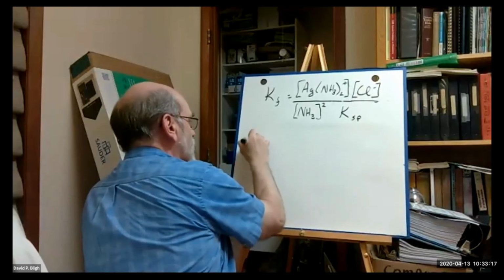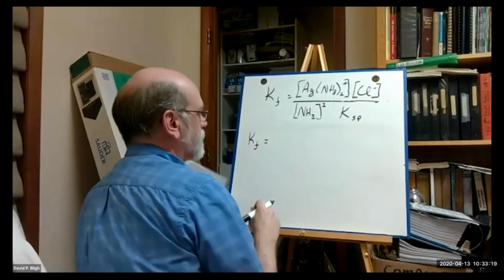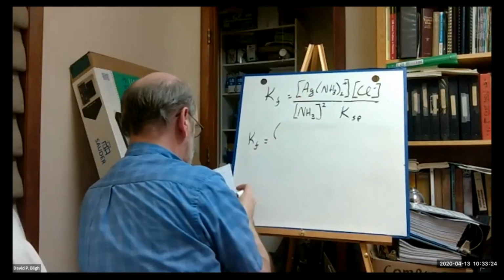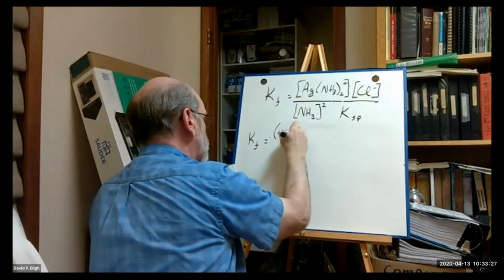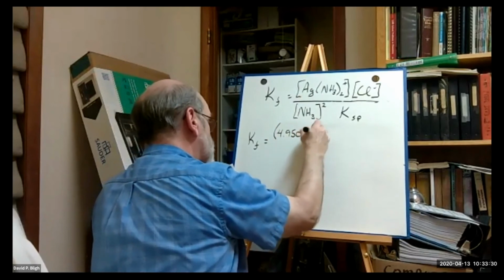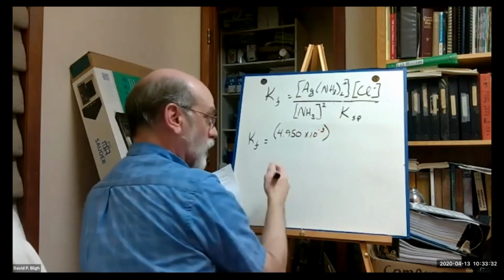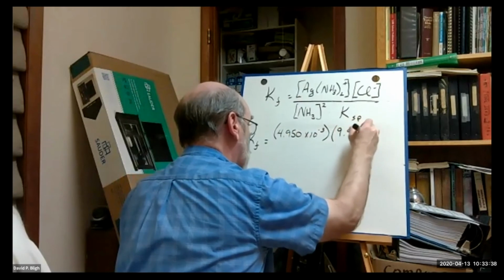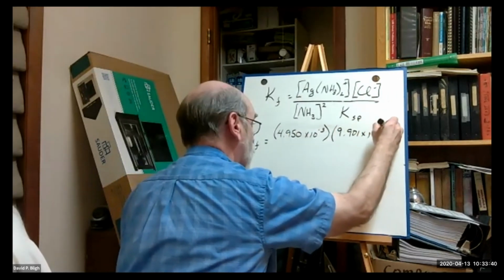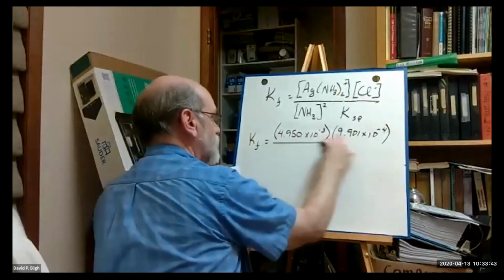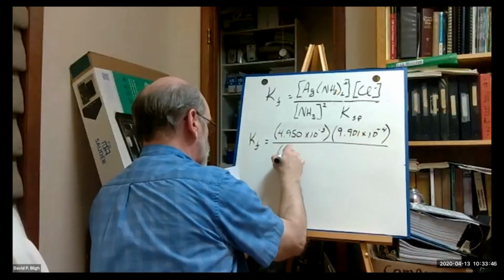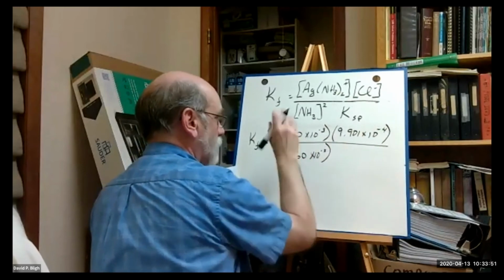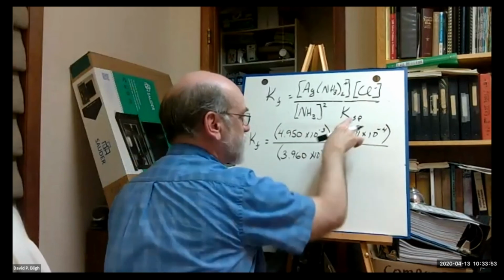So now we can calculate the formation constant. All we need is that value, which is 4.950 times 10 to the minus 3 molar times 9.901 times 10 to the minus 4 molar divided by 3.960 times 10 to the minus 2 molar times the KSP.